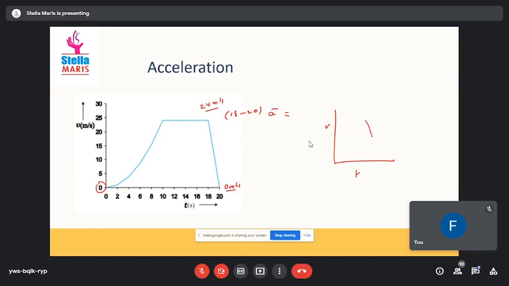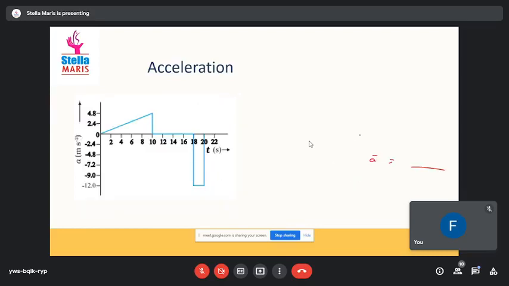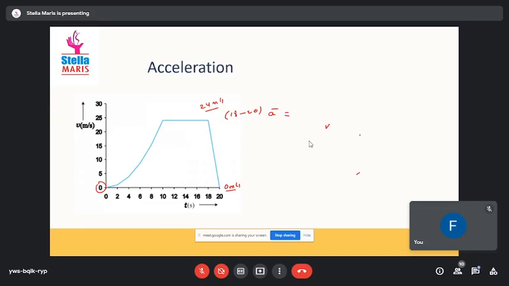So what does it imply? The negative acceleration. So our answer is minus 12 meter per second squared. Very good. Yes, negative acceleration. So it is negative acceleration from here to here, and the answer is minus 12 meter per second squared.